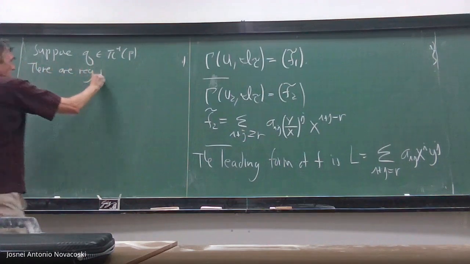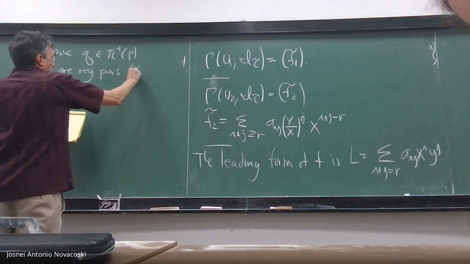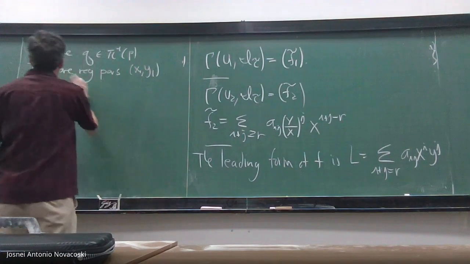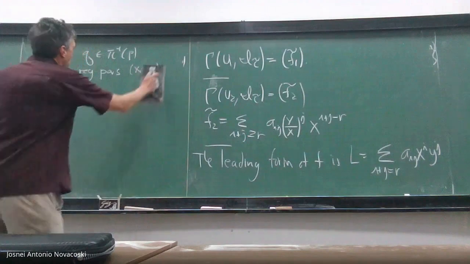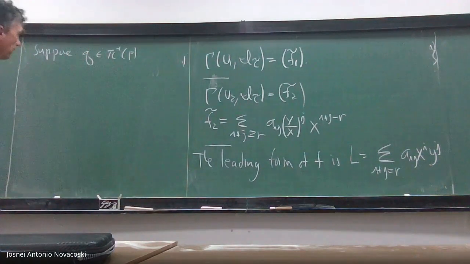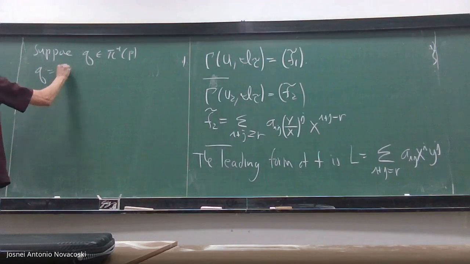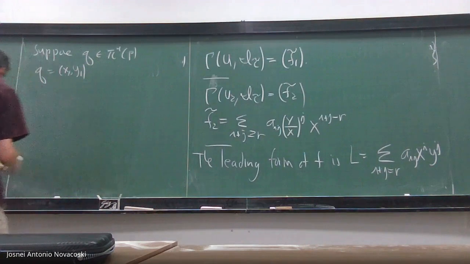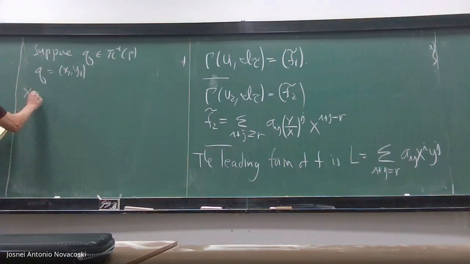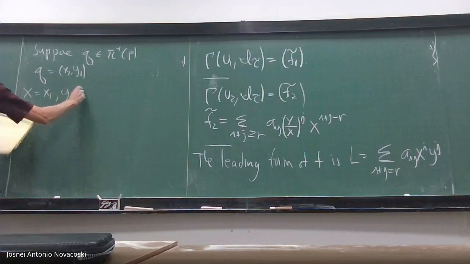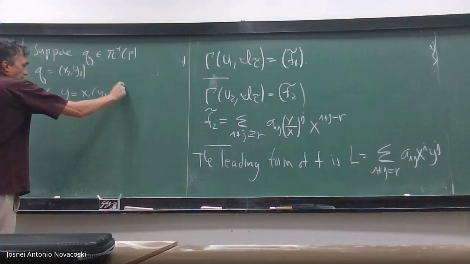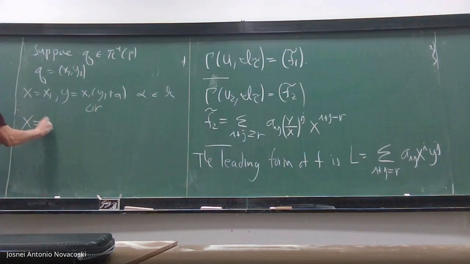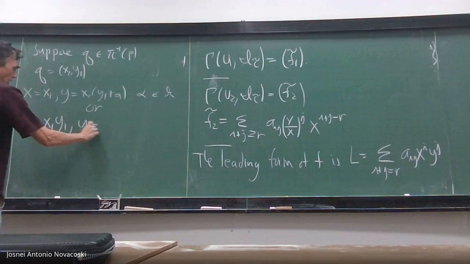There are regular parameters x1, y1, or maybe what I should say is, let me write it like this, that Q is equal to this maximal ideal (x1, y1), and we have two forms where x is equal to x1, y is equal to x1 y1 plus alpha, where alpha is in K, or the other form is x is equal to x1 y1, and y is equal to y1.